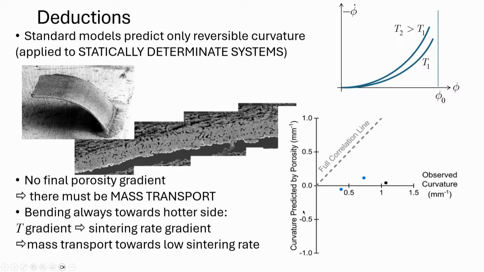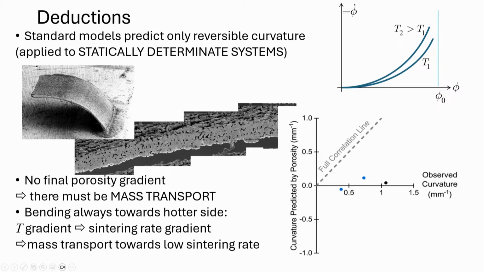And if you plot observed curvature against curvature predicted by the porosity, these are our experimental points. One of them even has the opposite sign. Essentially, the curvature is not due to the gradient in porosity. The gradient in porosity is so small that it will not produce any curvature.